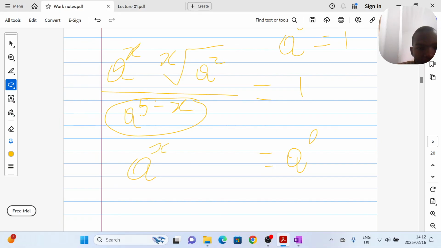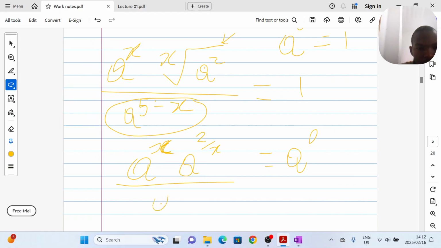Now, we have a to the power x and we have a to the power 2 divided by x. We are changing this x root to be 2 over x, because we can always take the number that is outside and divide by what is inside.